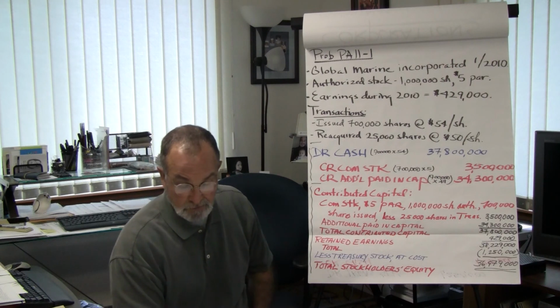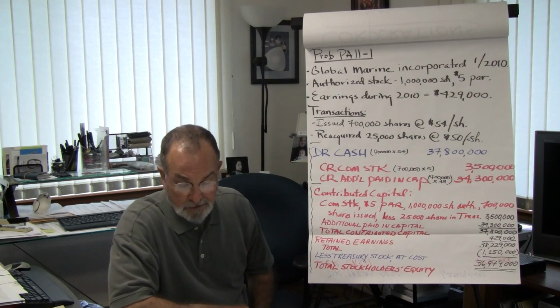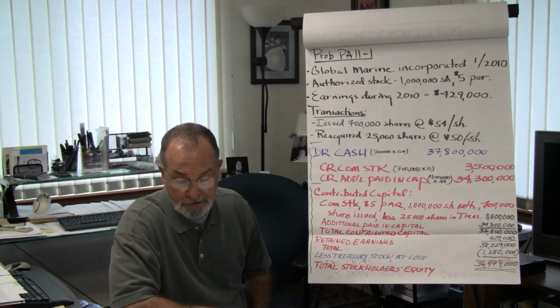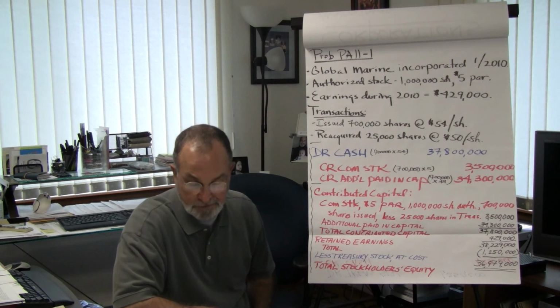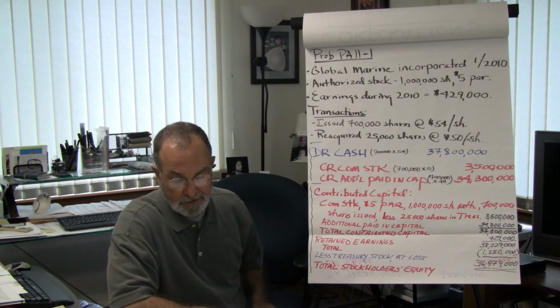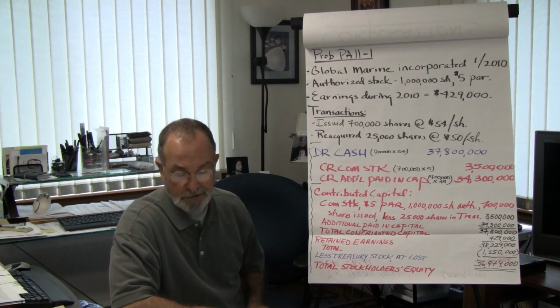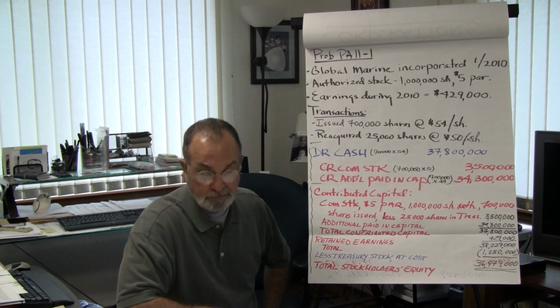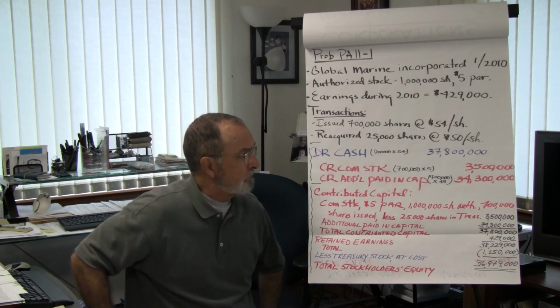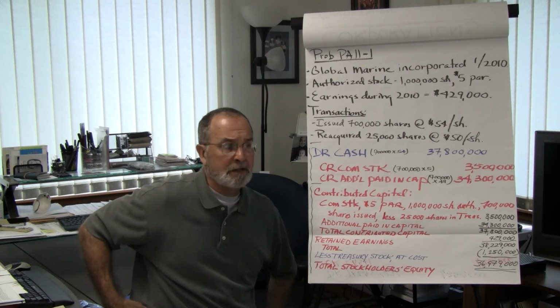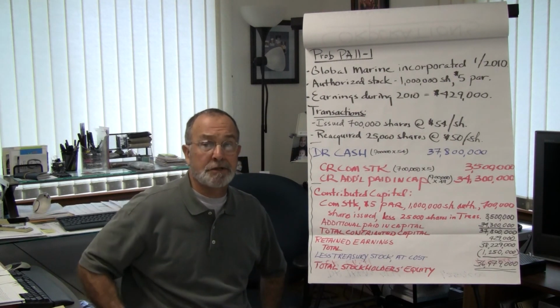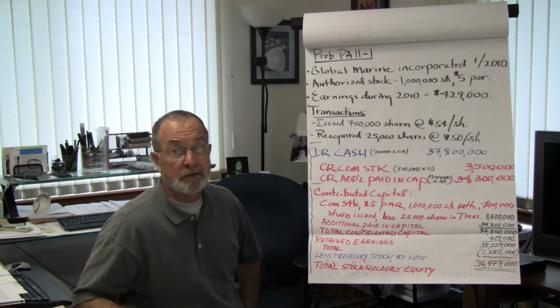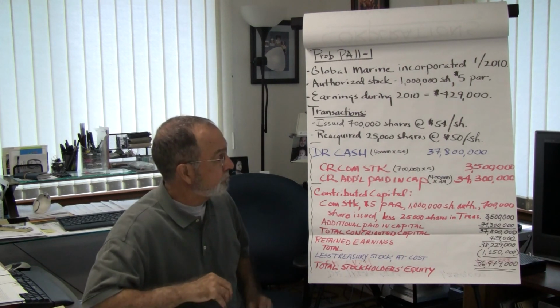And so under required, number 1, it asks us to indicate the effects of each transaction on the accounting equation. I'm going to skip that, and I'm just going to go to the journal entries, which is the second requirement. Because when we do the journal entries, I think the effects on the accounting equation are pretty evident.